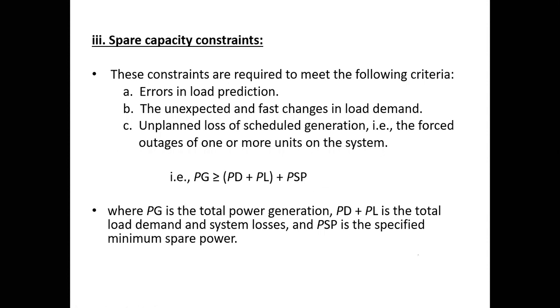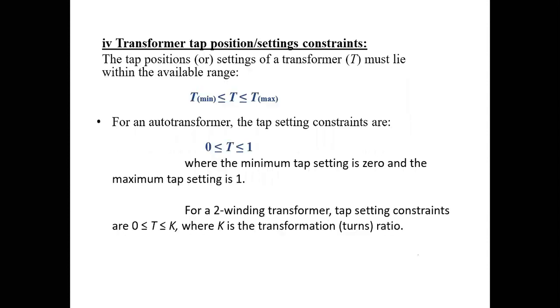Generally in a practical system, we always need to maintain spare power because of these conditions, since for each and every condition we need to be ready for operating the units. PSP means spare power, just like your substitute in your team. So this is about the spare capacity constraint.